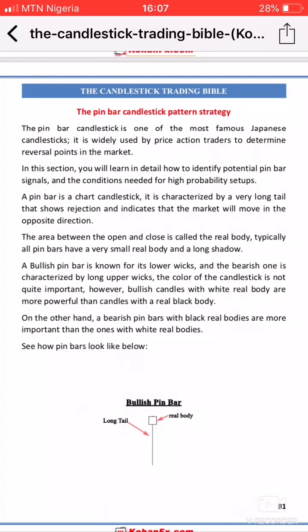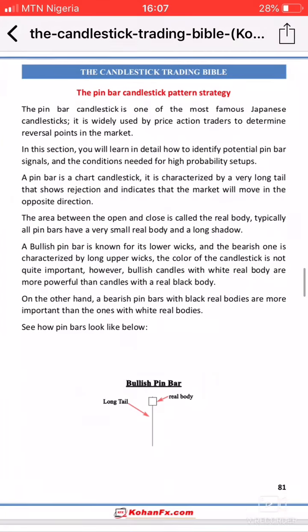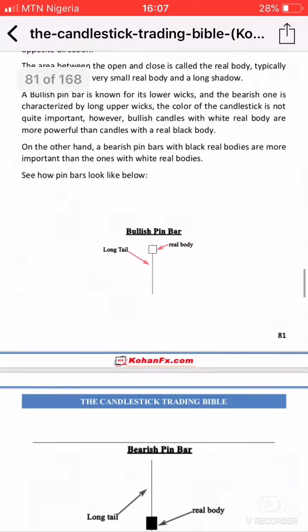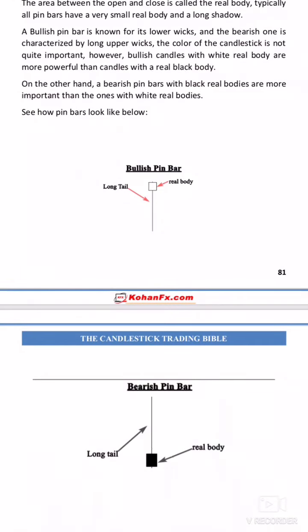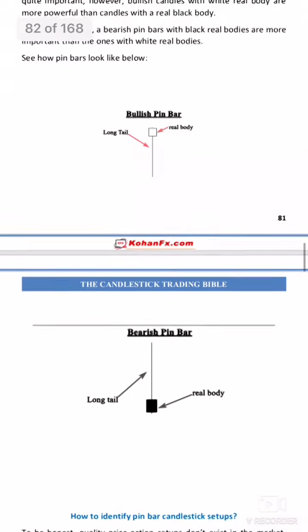On the other hand, bearish pin bars with red real bodies are more important than the ones with green real bodies. See below. Can you see the bullish pin bar? In your chart, you see these as green, and the bearish one you see as red.